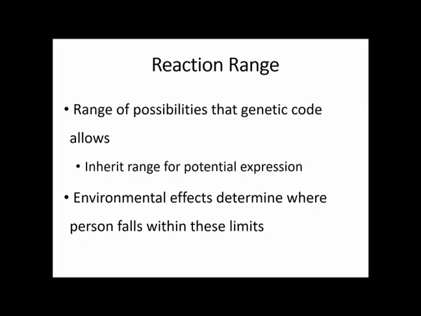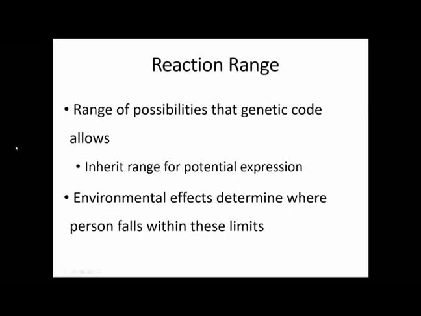So you should fall in that range right in the middle of our IQ scores. And then the reaction part says that our environment is going to determine where a person falls within these limits. So your environment can determine whether you fall on the higher IQ end of the range that your genes set out, or if you're going to be on the lower end of that range.